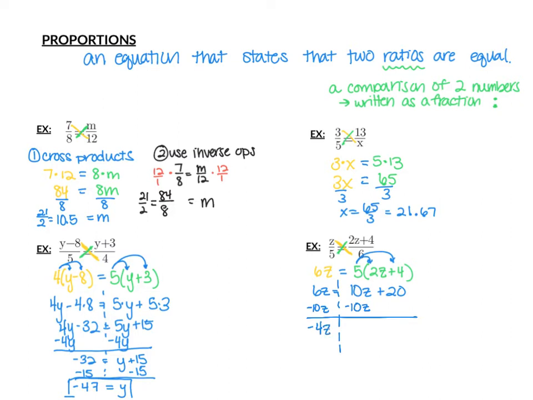And we get negative 4z equals positive 20. And I'm going to undo the number from the z. So I'm going to divide by negative 4 to undo the negative 4. So we get z equals negative 5.